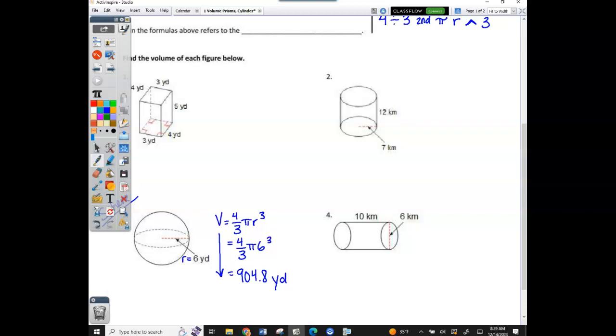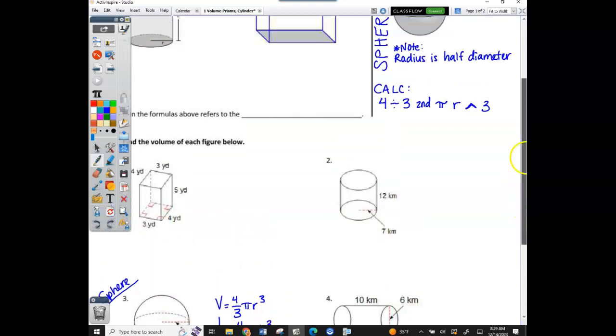So it's yards cubed to show that it's volume. It's a 3D shape. And the way you read it is you would say it's 904 cubic yards of liquid. Does it matter the mode on your calculator? No. All right, so that's spheres.